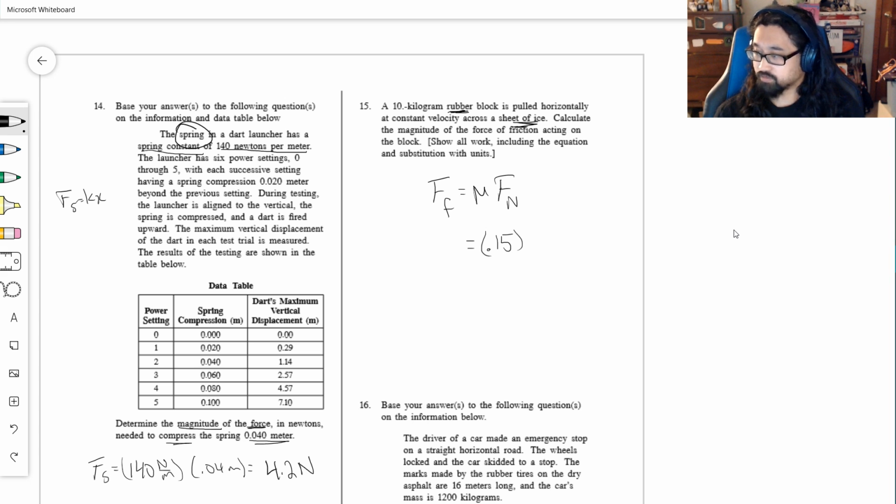The normal force, 10 kilograms times 9.81 meters per second squared is 98.1 newtons. This is the force of gravity, and that equals the normal force. So 0.15 times 98.1 newtons.